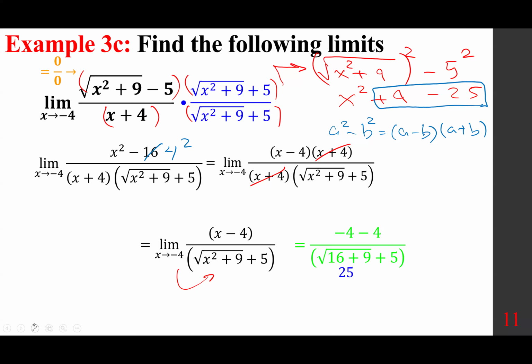And so this comes out as 5. So you're looking at minus 8 in the numerator and positive 10 in the denominator. And the final answer is negative 4 over 5. That's the final answer, everybody.